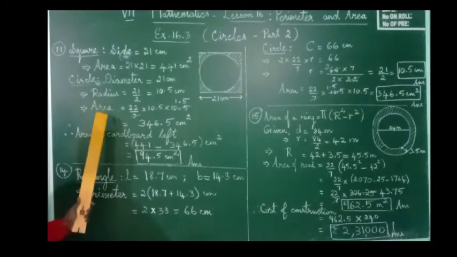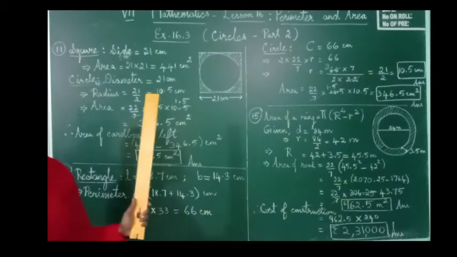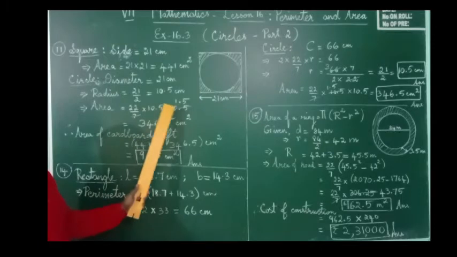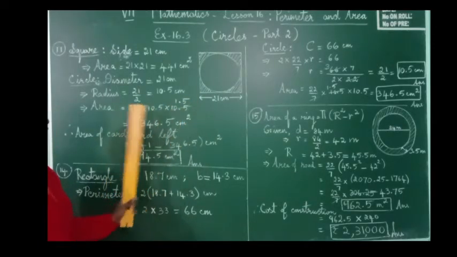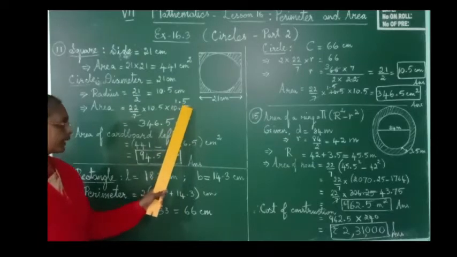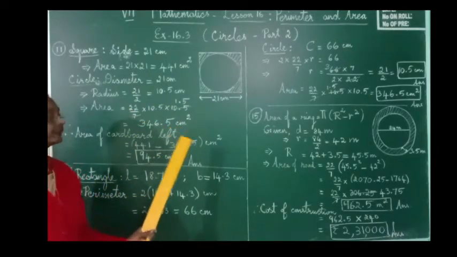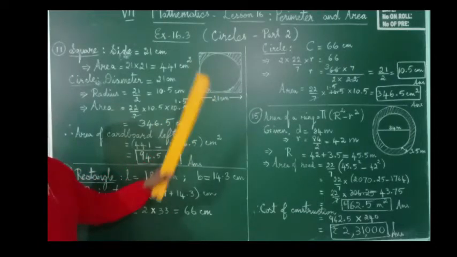Now, what is the area of the circle? We know the formula for area of the circle is pi r squared. So, 22 by 7 into 10.5 into 10.5 when we multiply, we can cancel 10.5 with 7, we get 1.5 here. When we multiply all this, we get 346.5 centimeters square. That is the area of the circle.